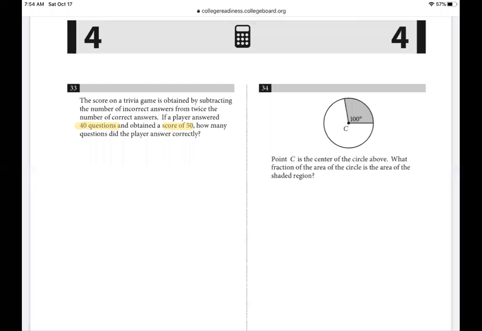For number 34, the hint for this one would be the reminder that there are 360 total degrees in any given circle. Okay, so if you have not already tried these, go ahead and pause before we go over them.